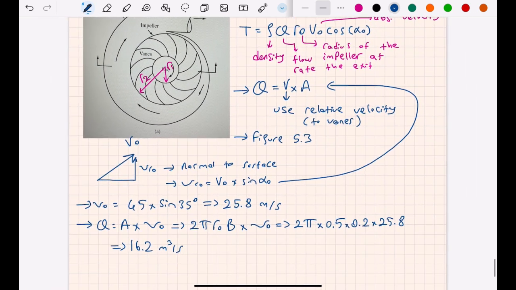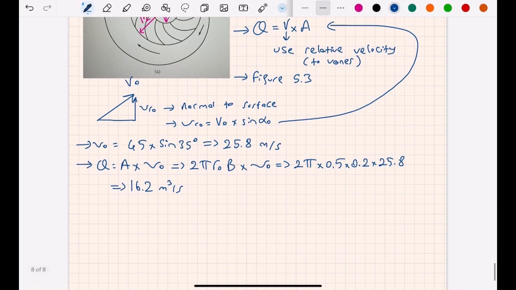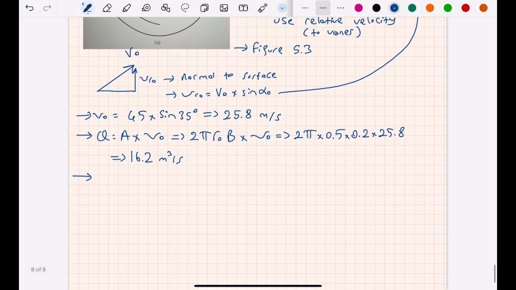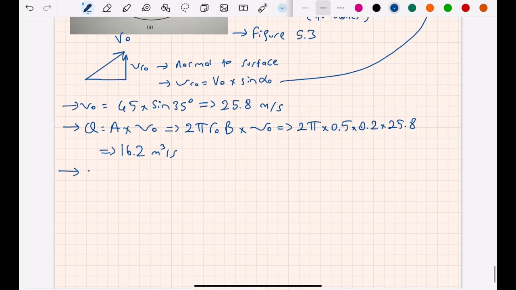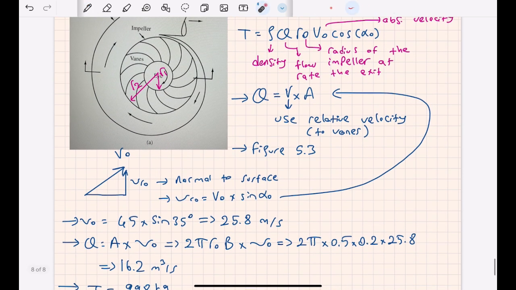And since we know the equation for torque, let me directly write that. So the torque will be equal to density, which is 998 kilograms per cubic meter, times flow rate and times radius.